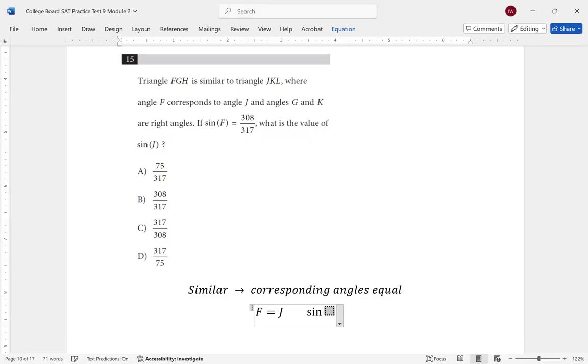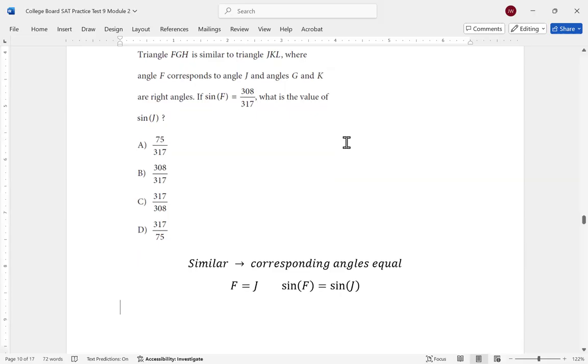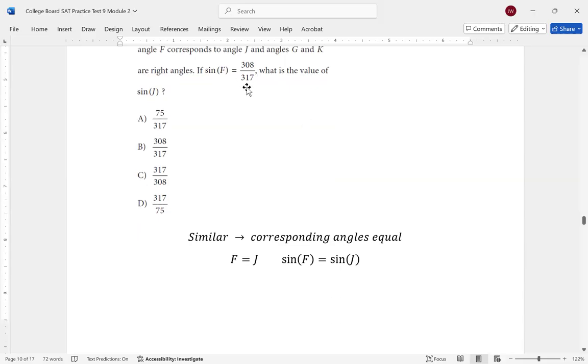Well, because of the way sine works, that means sine of F is also going to be equal to sine of J. But I know sine of F is 308 over 317. So this forces sine of J to also be 308 over 317.